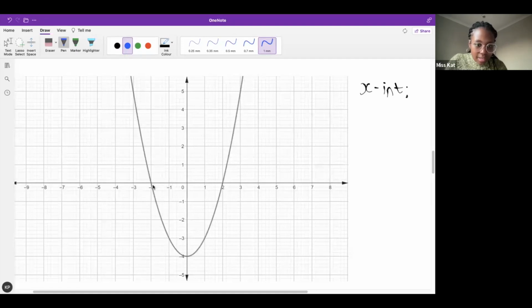So Sia has given us this one, the one on the negative side. And Tepang has given us the other one. So the two x-intercepts are (-2; 0) and (2; 0). Beautiful, guys.